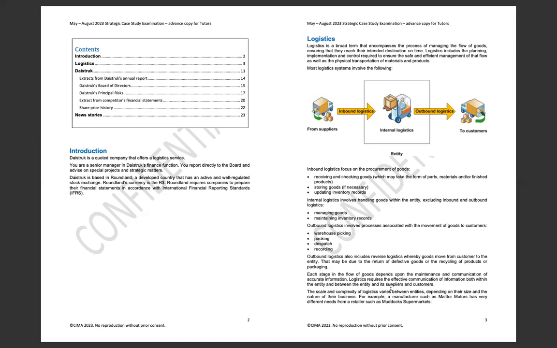Each stage in the flow of goods depends upon the maintenance and communication of accurate information. We're talking about data that just now, right? Logistics requires the effective communication of information both within the entity and between the entity and its suppliers and customers. So how are we managing our data or the movement of information?